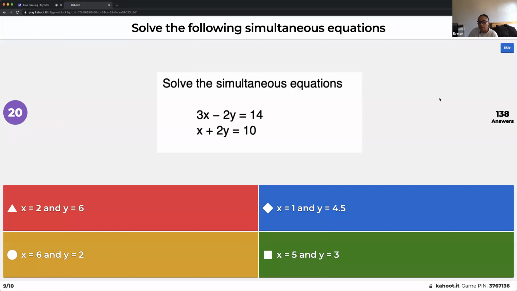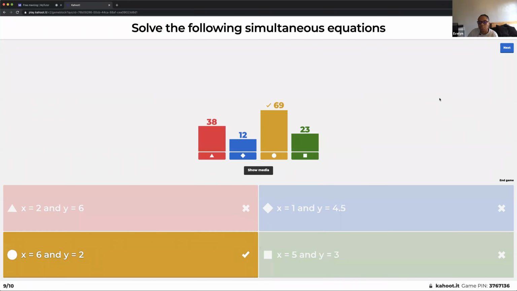Some people prefer to use the function machines method when solving linear equations, which we haven't gone through today. You will get marks for that if you do decide to use the function machine method. So it's not necessarily on the method, but the type of questions that they ask and how they ask it. That's the difference between the exam boards.